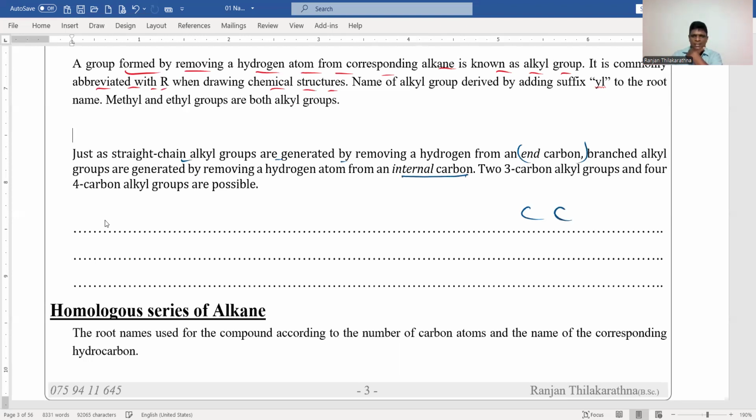If you have a 3-carbon compound with hydrogen on each carbon, you can remove this hydrogen and you will get an unbranched alkyl group. If you remove this one, we call it a branch, because we have some branch attached to that. This is also a hydrocarbon group. You can denote that by just capital R.